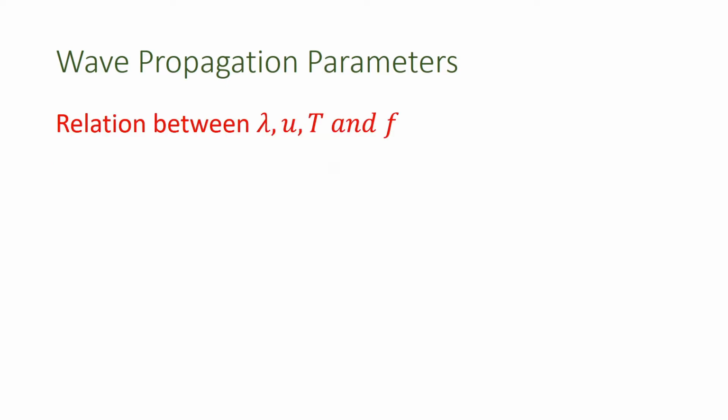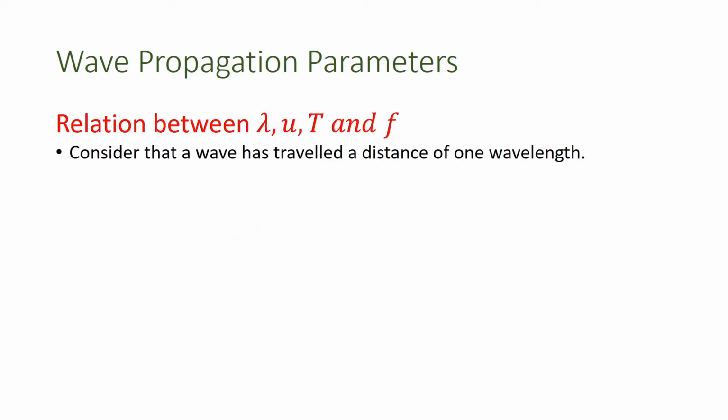So if I have to establish the relationship between lambda, u, capital T and f, I consider a wave that has traveled a distance of wavelength lambda. If it has traveled a distance of wavelength lambda, that means it has completed 1 cycle.